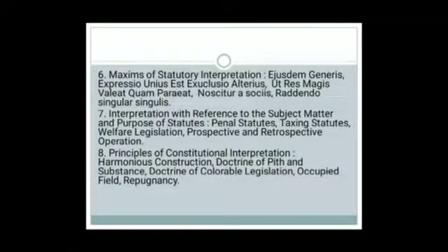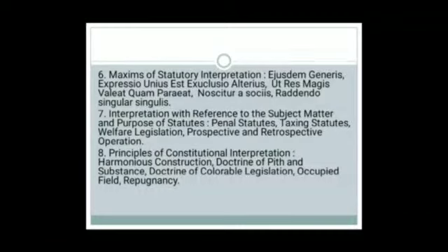And interpretation, as I told you, refers to exposing the true sense of the provision of the statute and understanding the exact meaning of the words used in any text. So the purpose of construction is to see the legal effect of words in the written text of that statute.